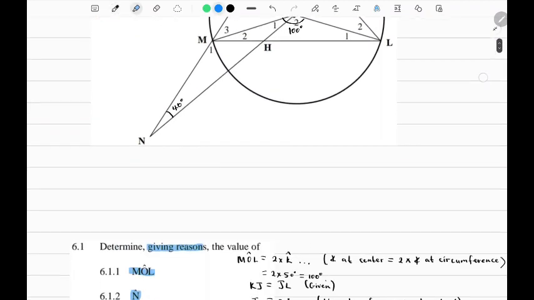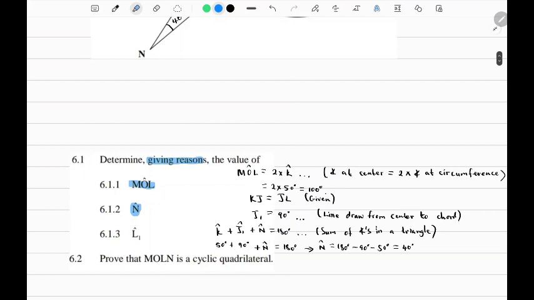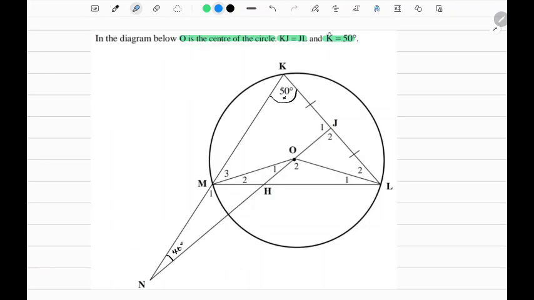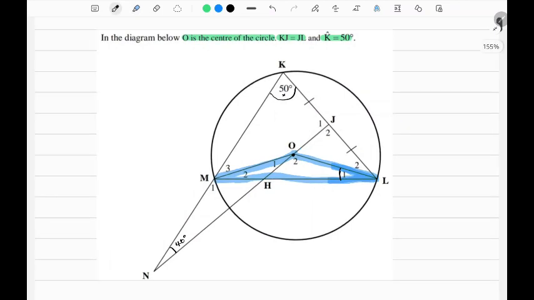Moving on to the next question, they want us to find the size of angle L1. We need to provide reasons. Angle L1 is this angle on the diagram. In order for us to find L1, we need to consider triangle OLM. We found MOL to be 100 degrees.